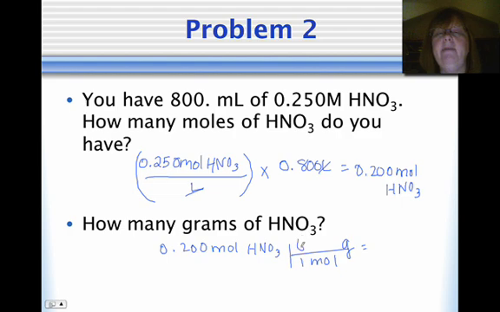The molar mass of nitric acid, 3 oxygens, 1 nitrogen, and 1 hydrogen, is 63.02 grams. I got that molar mass by 3 times 16 plus 14.01 plus 1.01, which gives us 63.02. If they had asked for grams, we would multiply 0.2 by 63.02 and come up with 12.6 grams of nitric acid.